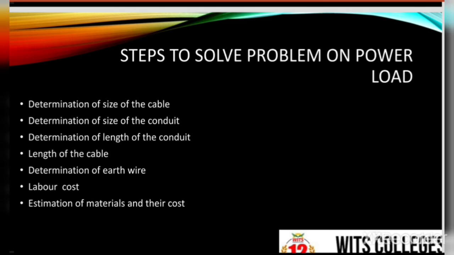A 19 mm diameter heavy gauge metal conduit can be used where 2 to 3 wires are to be run, and a 25.4 mm heavy gauge conduit will be used where 6 wires are to be run. Based on the wires which are running, we select the gauge size of the conduit.